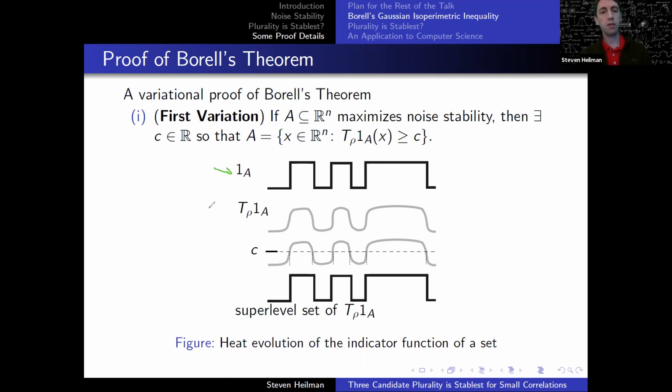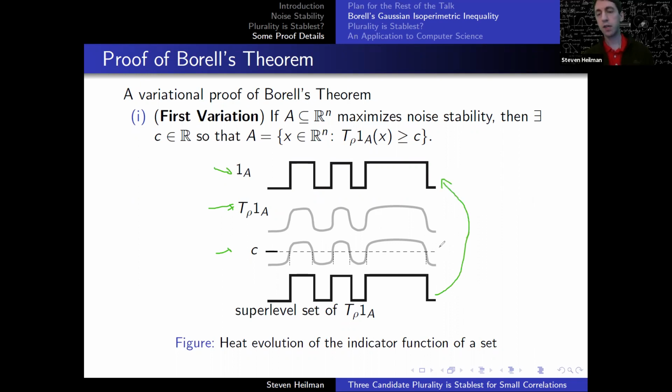Start with the indicator of A, then we evolve it according to some heat flow. So it's sort of smoothing out the set. Then there's going to be some constant where, if we take a super level set of the T indicator, we're going to get back to the same set that we started with.